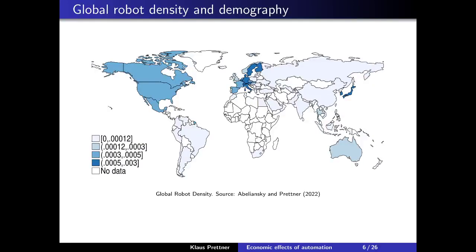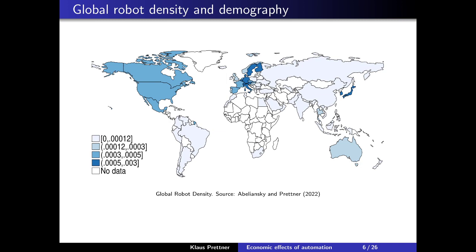But of course, this is an aggregate picture, and we know that some countries are forerunners in the adoption of robots, so they have more industrial robots per 1,000 or 10,000 manufacturing workers than others do. So this map here shows the global distribution of industrial robots taken out of a paper by Anna Belyansky and me from 2022.